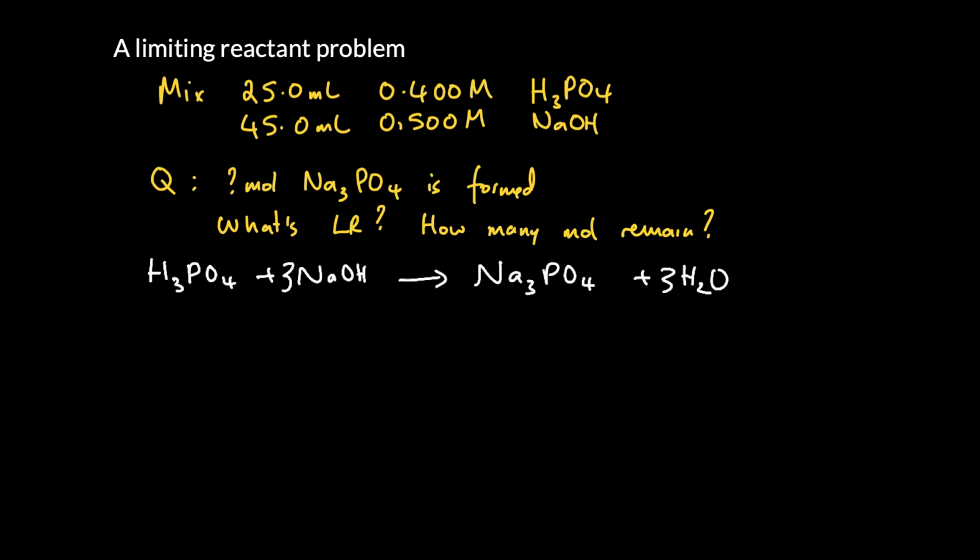So let's take our 25 milliliters of phosphoric acid and crunch it. So 25 milliliters. We can convert milliliters to liters in order to use molarity as a conversion factor. So 0.4 molar means there's 0.4 moles in a liter.